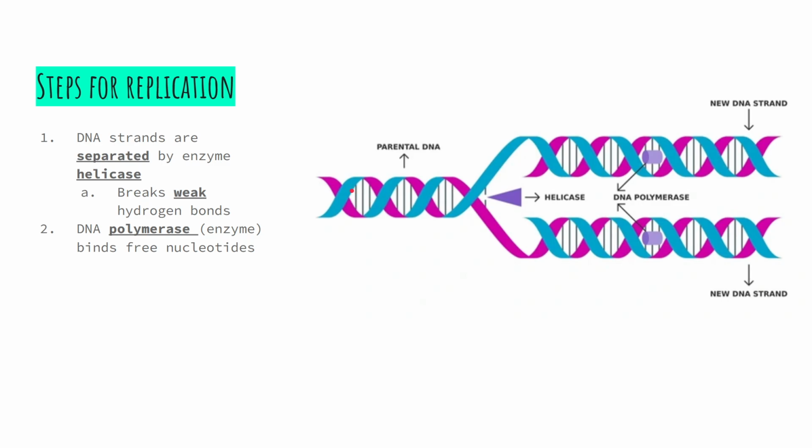Next, we have our DNA polymerase. DNA polymerase is responsible for binding these free nucleotides to the new strands. Once it has bound these nucleotides, it also has the sugar-phosphate backbone bound to it as well. And that, in a nutshell, is the replication of DNA.